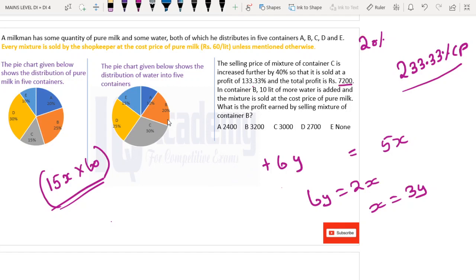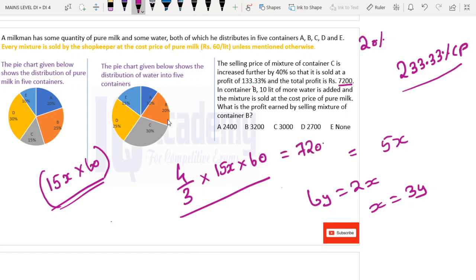So we know that profit in C is 133.33% of cost price, or we can write it as 4 by 3 into 15x into 60, which will be equal to 7,200. So here we can find the value of x.